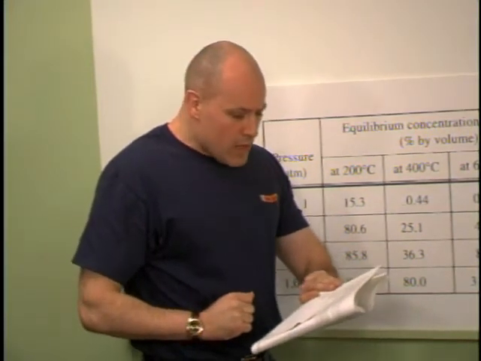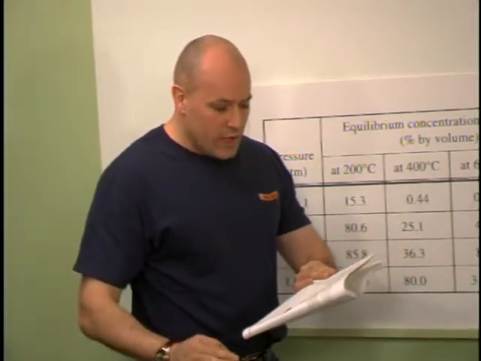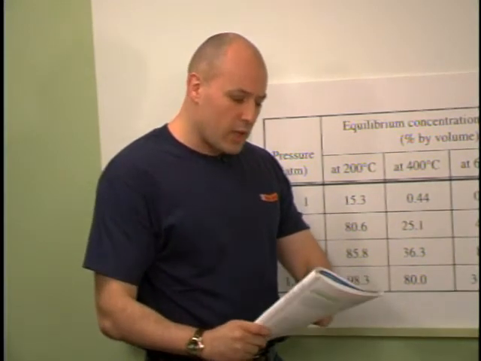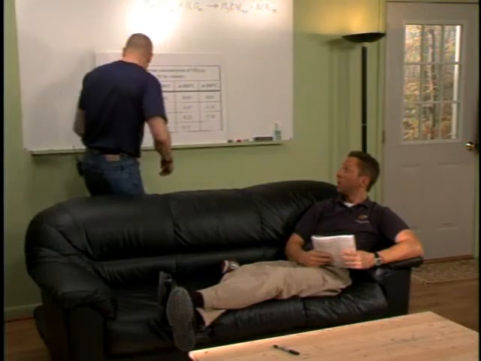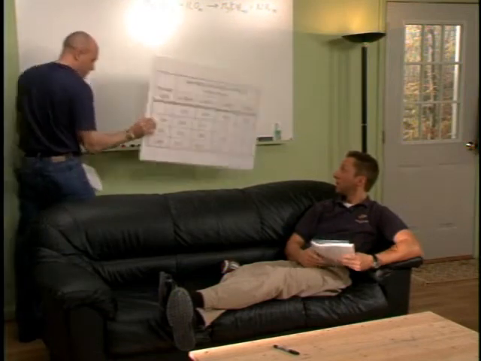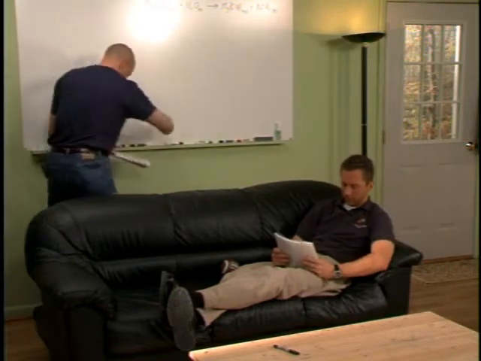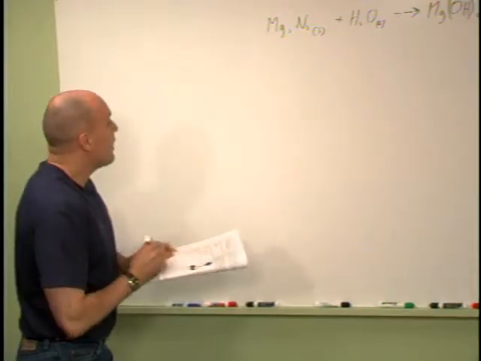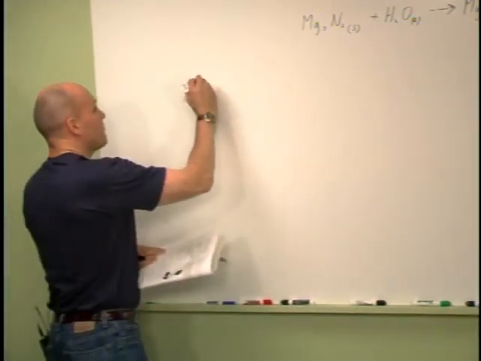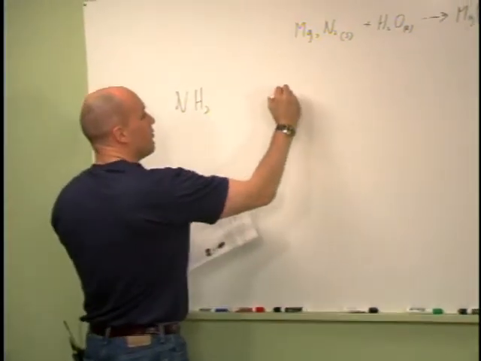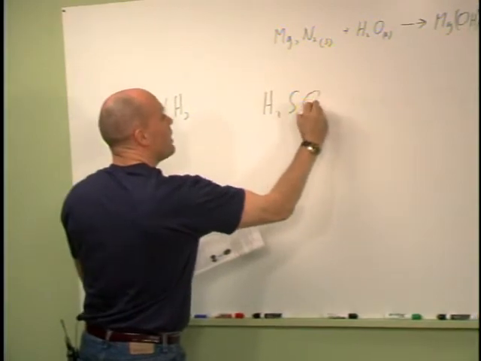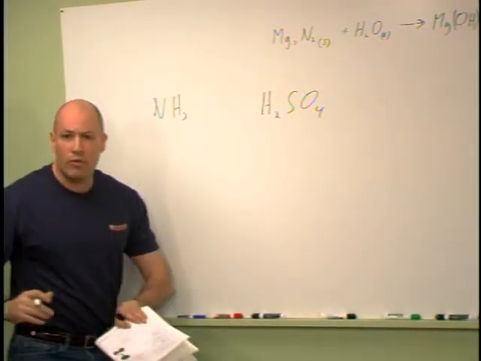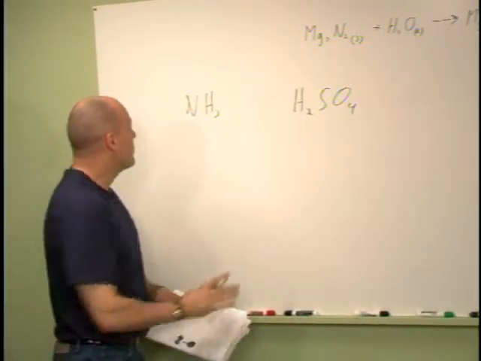Number 4. If excess ammonia reacts with H2SO4 aqueous, which of the following compounds can be produced? Let's take a look. We've got ammonia, NH3, and then we have H2SO4. We want to know something about how these compounds react for the MCAT.